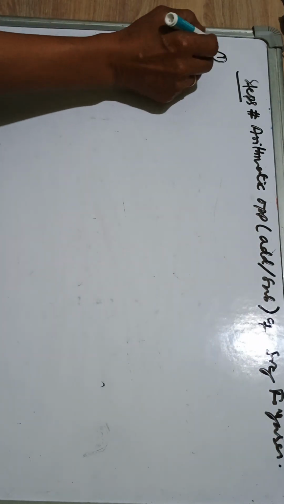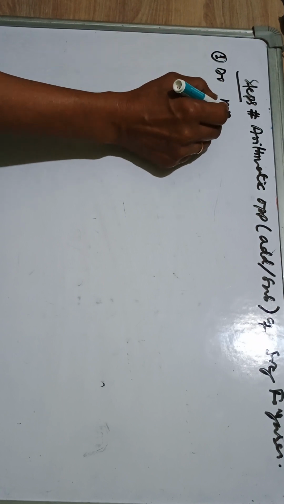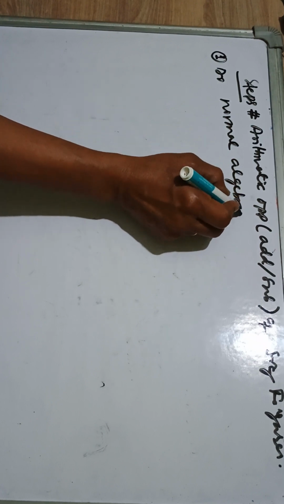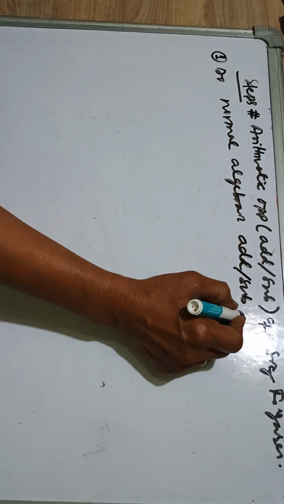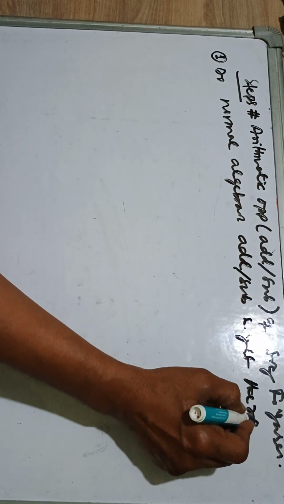Step 1 says first we'll do normal algebraic addition or subtraction and get the result.